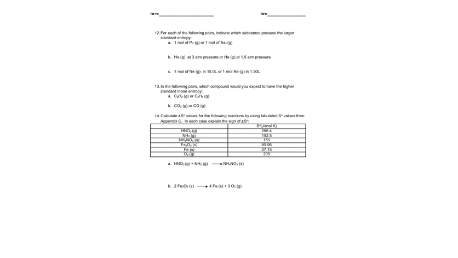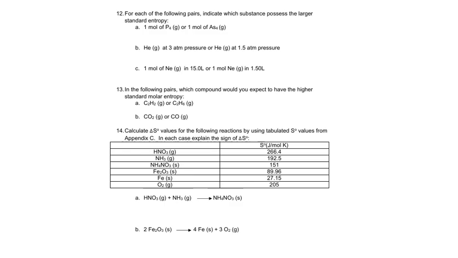For each of the following pairs, indicate which substance possesses the larger standard entropy. So when we're looking at these, you either want more atoms, bigger atoms, more atoms in the molecule, things like that. So a mole of P4 or 1 mole of As4, that's hard to know, but As4 is bigger. It's a bigger atom, so it's going to have more entropy.